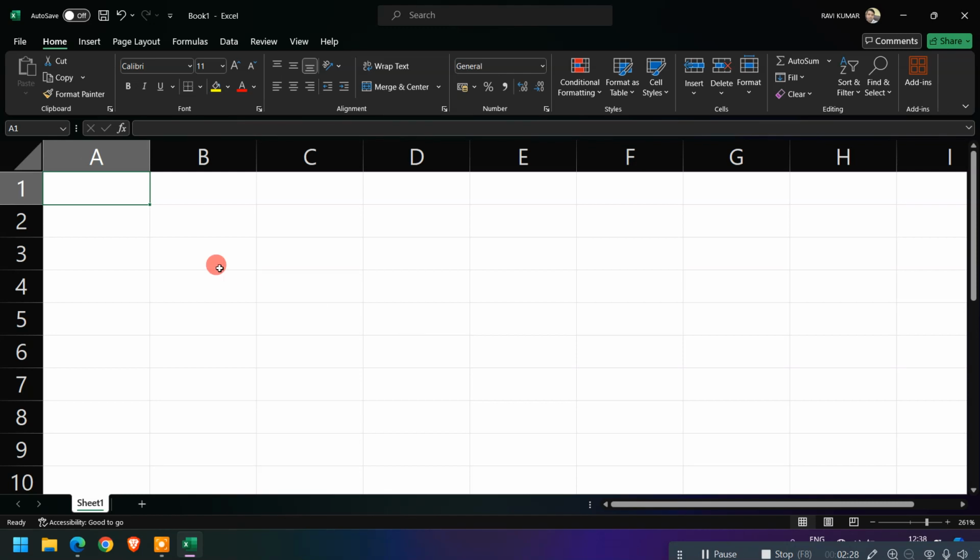Suppose you want to calculate 10 plus 3 plus 8 into 4. You need to put the equal symbol and then write it. It is the expression. When I press enter, it will calculate the value. You can see the expression inside this cell, so it is performing the calculation.